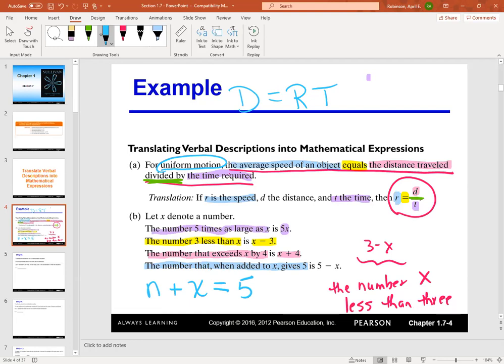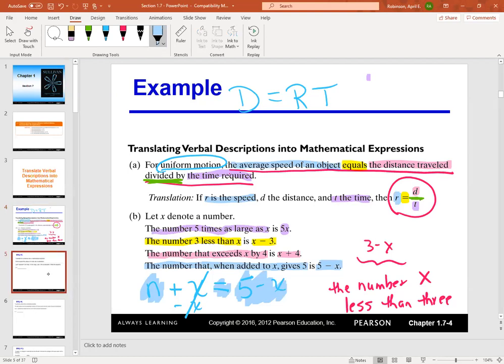But what they want is something that represents the number. So I would literally have to subtract x on both sides, and that cancels. And now you can see the number is 5 minus x. So 5 minus x represents that. That was a little confusing. You're trying to write something that represents the number.